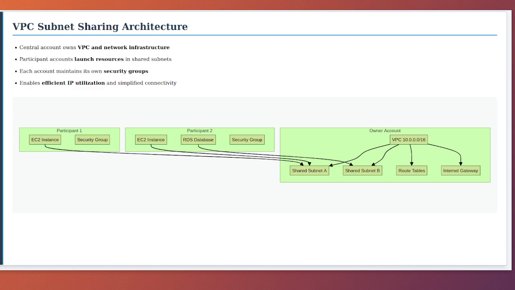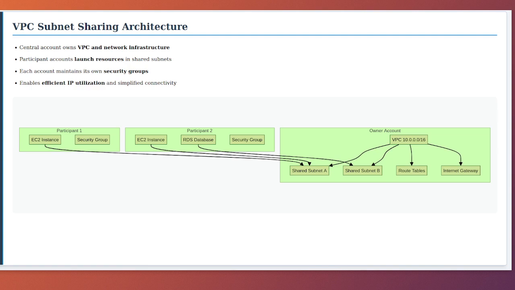However, participant accounts cannot view or modify the VPC configuration, route tables, or other networking components. They only see and use the shared subnets. This architecture provides several benefits. It centralizes network management, reducing complexity and ensuring consistent network configuration.